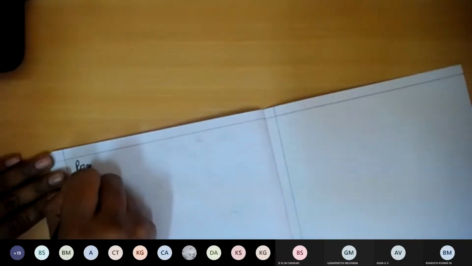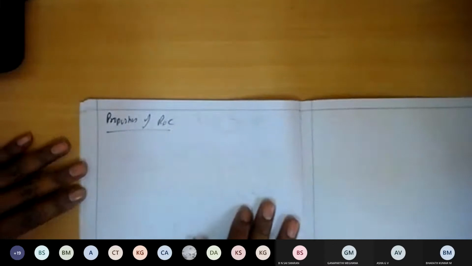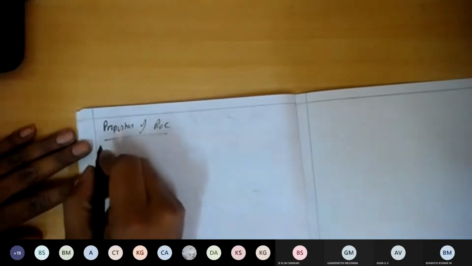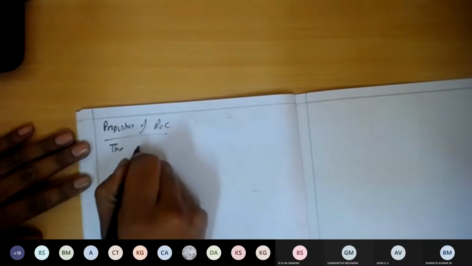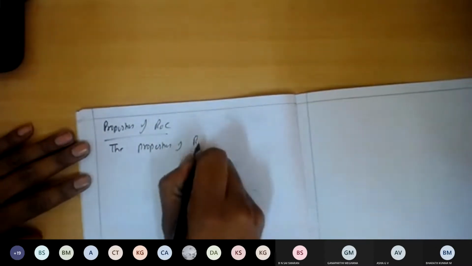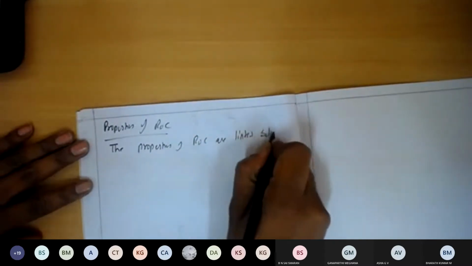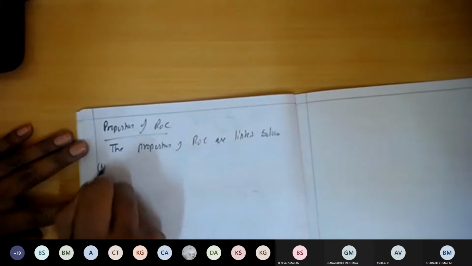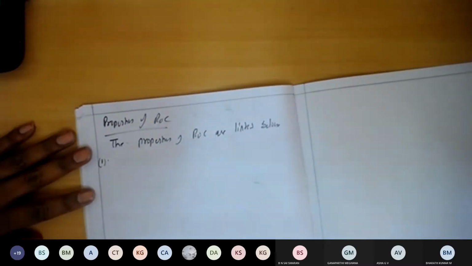In the exam, they will ask the important properties. The properties of ROC are listed below. The ROC has around six to seven properties.